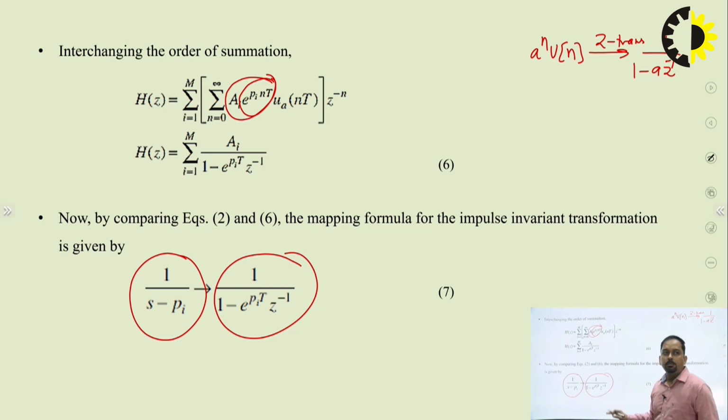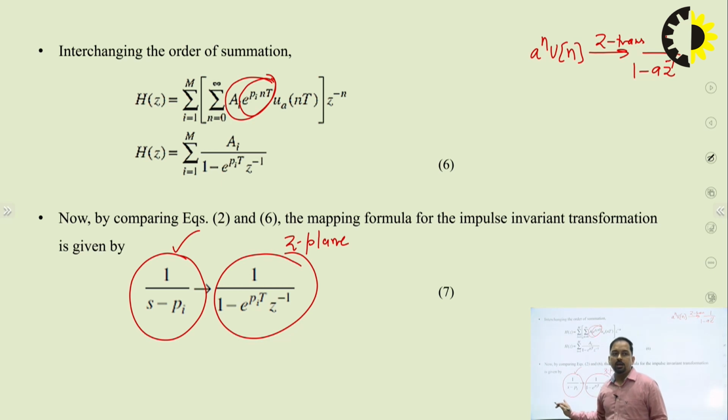So this is the mapping formula. We have to obtain how this S plane gets mapped to the Z plane, because the S plane is the analog domain, and the corresponding analog filter is transformed to a digital filter with the help of the impulse invariance transformation technique.